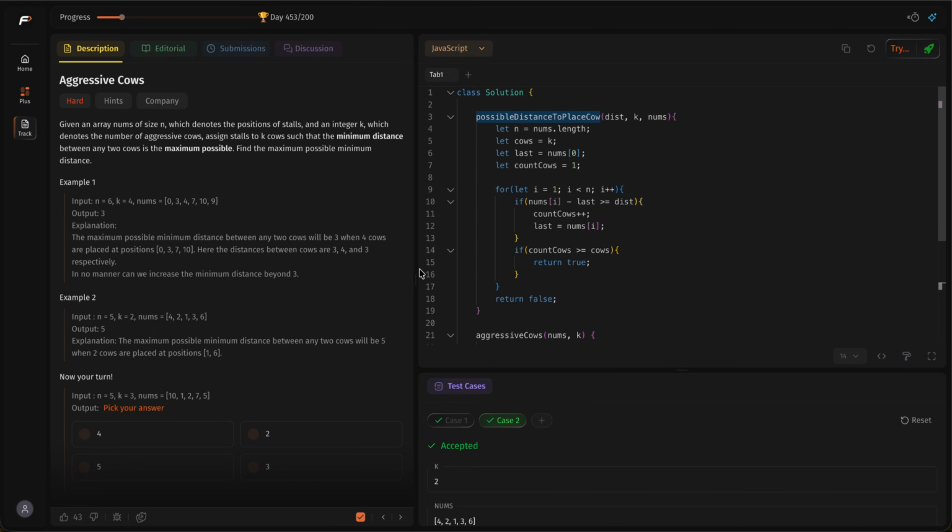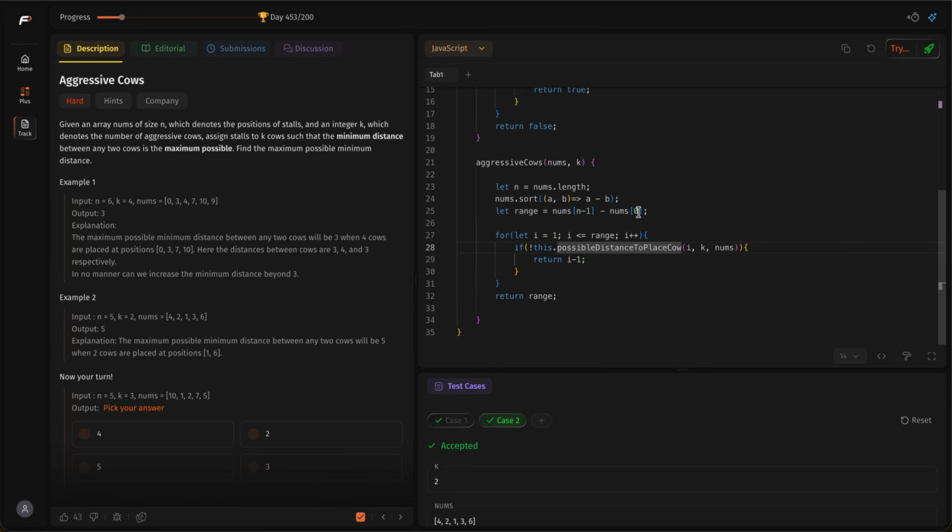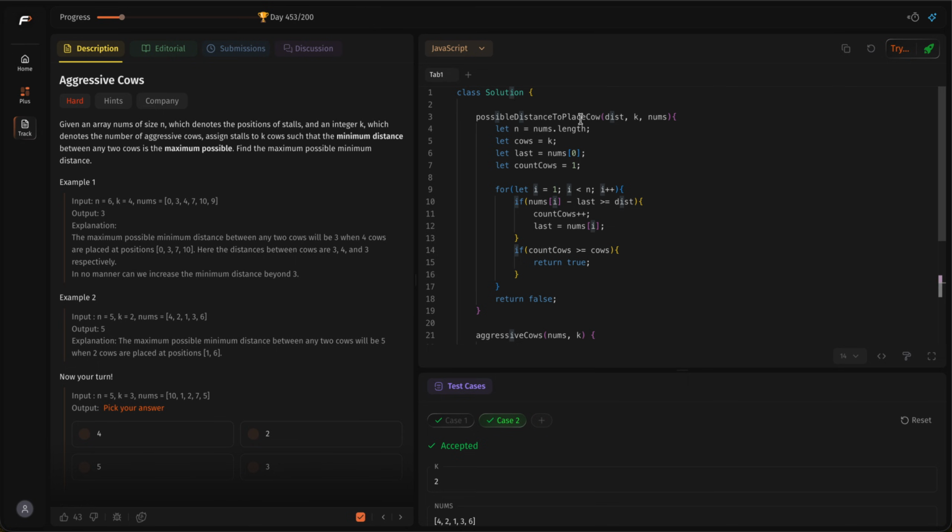If I place my cow C0, C1 here, C2 over here, is it possible to place C2 here, and C3 here, C4 here, based on the distance I am carrying. So if I place C1 here, is it possible that I can place C2 over here or not?